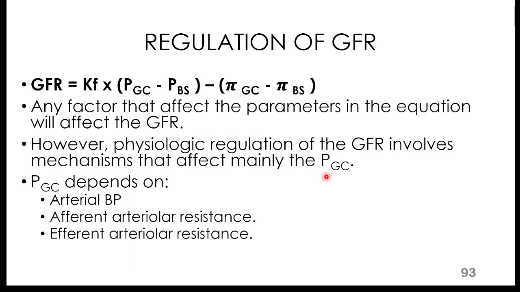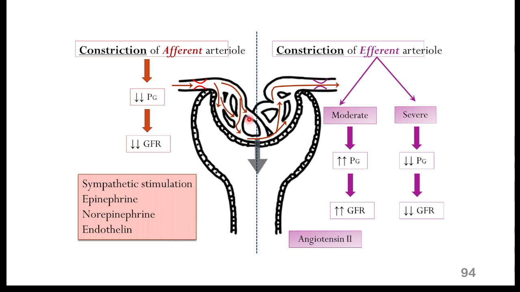So PGC stands for glomerular capillary hydrostatic pressure. And this pressure depends on the arterial blood pressure and the resistance of both the afferent and efferent arterioles.